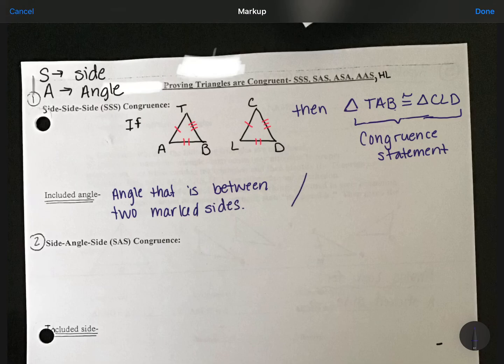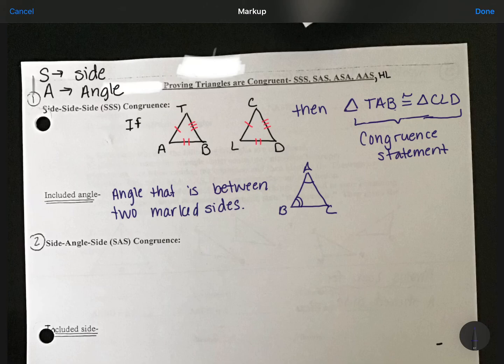What does that mean? Well, let me show you a picture. So say I have triangle ABC. Angle A is congruent to some other angle of another triangle somewhere. Angle B is congruent to some other angle in some other triangle somewhere.